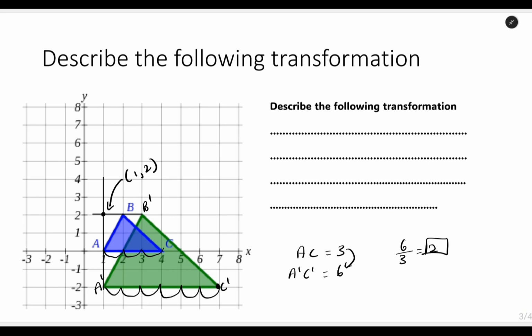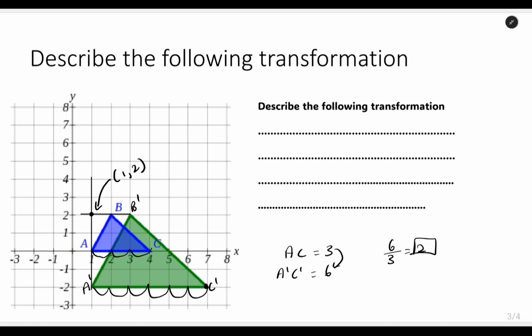To describe this and put it in words, we have to include the 3 important ingredients, which are the type of transformation, and since it's an enlargement, we must include the scale factor and the center of enlargement. The scale factor is 2, the center of enlargement is 1, 2, and the type of transformation is enlargement.